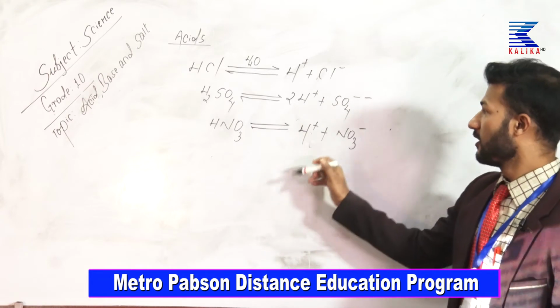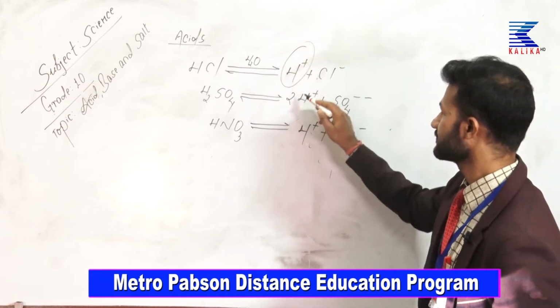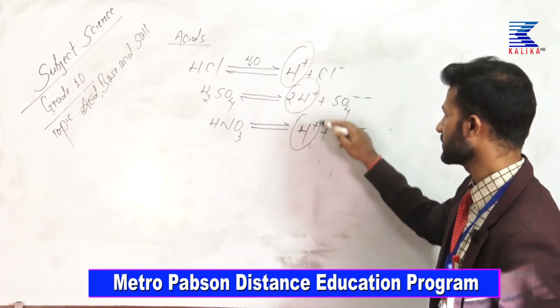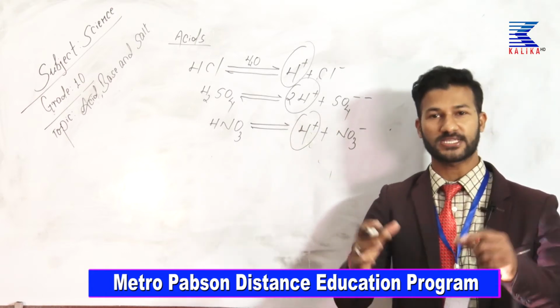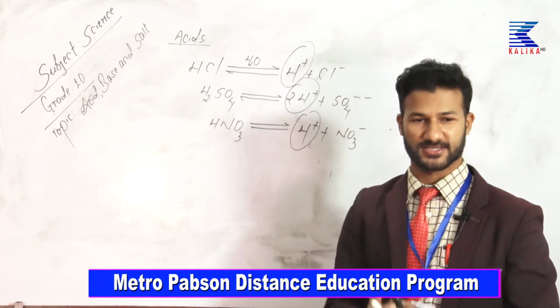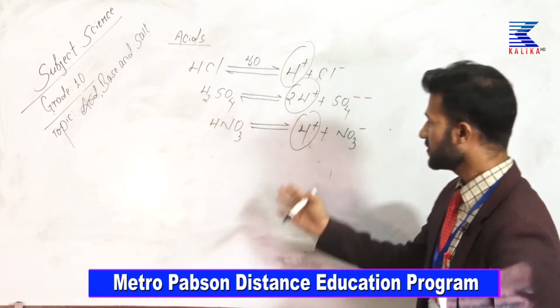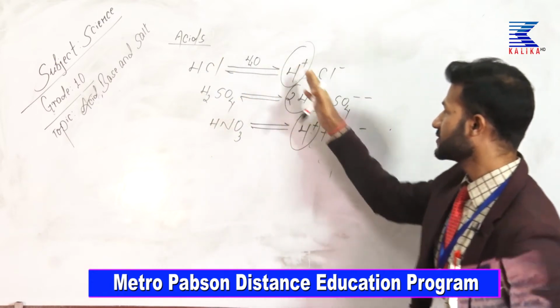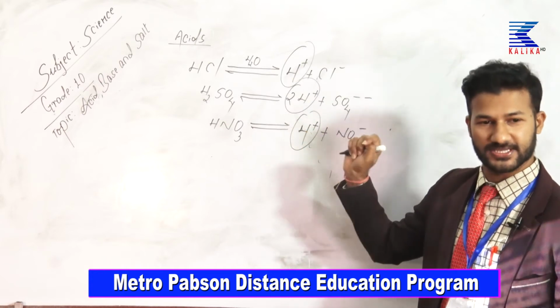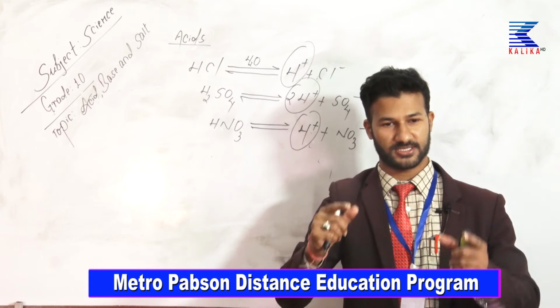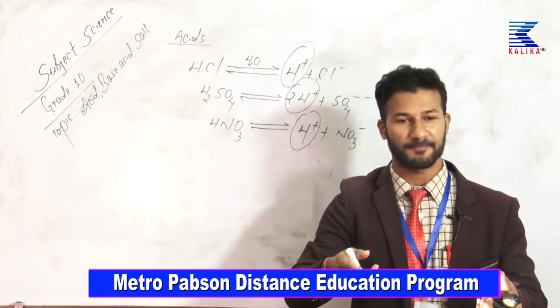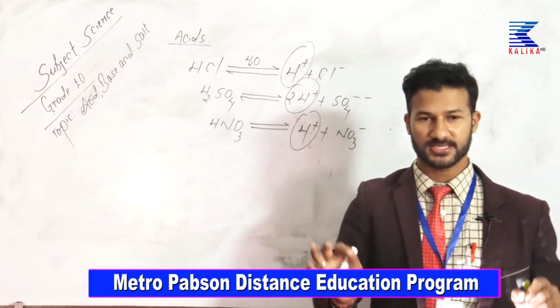See, all these chemicals have produced hydrogen ion in aqueous solution. Aqueous means with water. So acids are hydrogen containing compounds. This hydrogen makes our taste buds stimulated to make us feel sour.